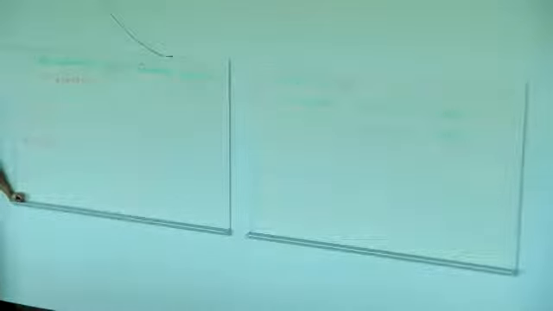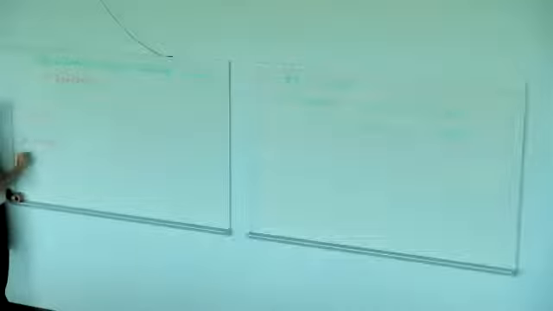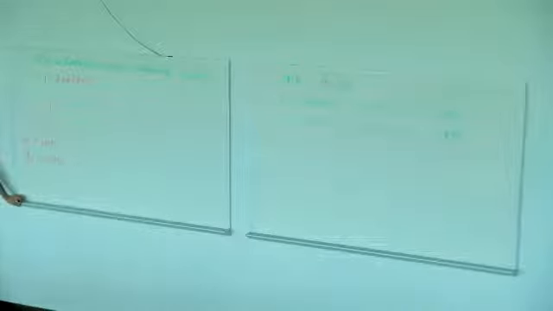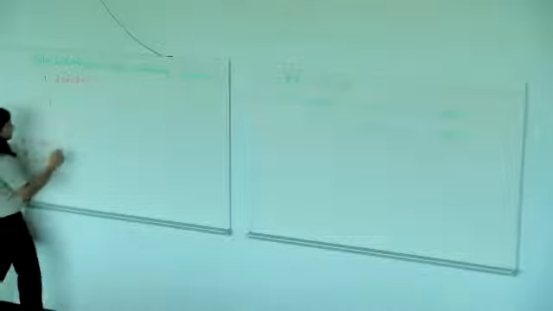Divide by r on both sides: x over r is cosine theta. Using the same logic, y over r is sine theta.